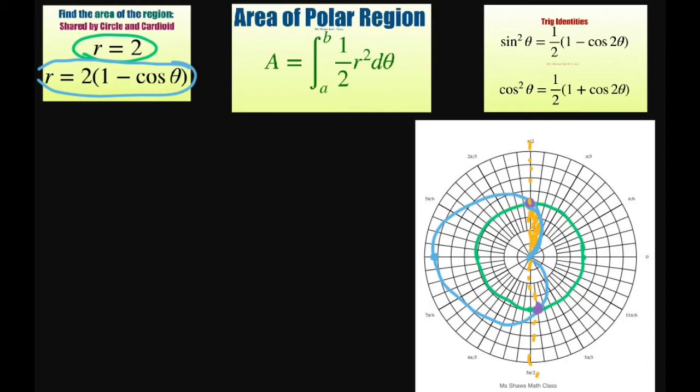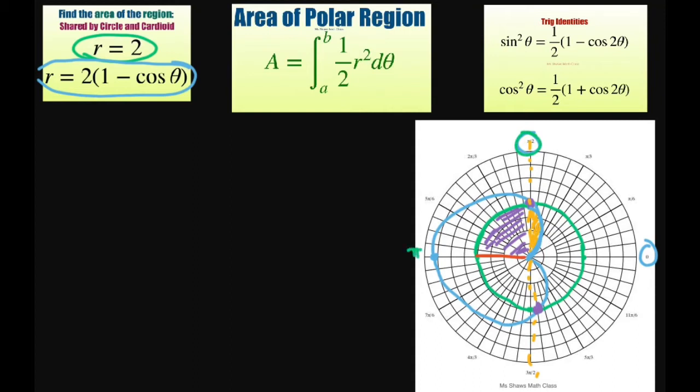That's going to be going from 0 to pi divided by 2. We also have this shaded region here. Let me use purple for that. And the border for this is the circle. Now this is going from pi divided by 2 to pi.